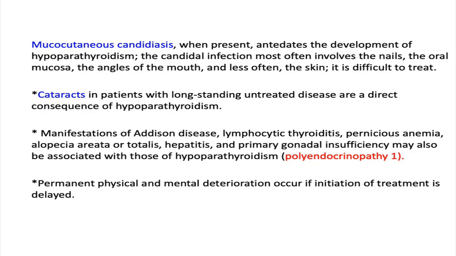The patient presents first with mucocutaneous candidiasis, then with carpopedal spasm and hypoparathyroidism, and later on he may develop Addison disease or other parts of this polyendocrinopathy. Permanent physical and mental deterioration occur if initiation of treatment is delayed.